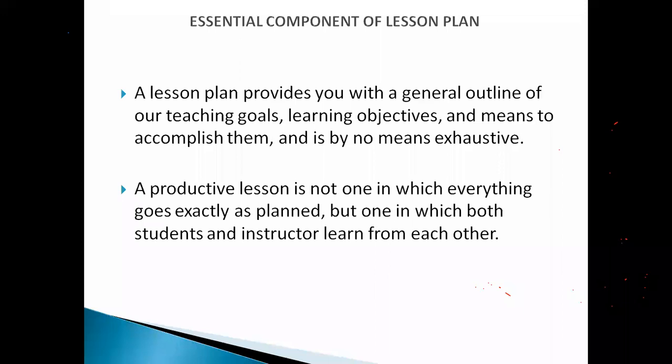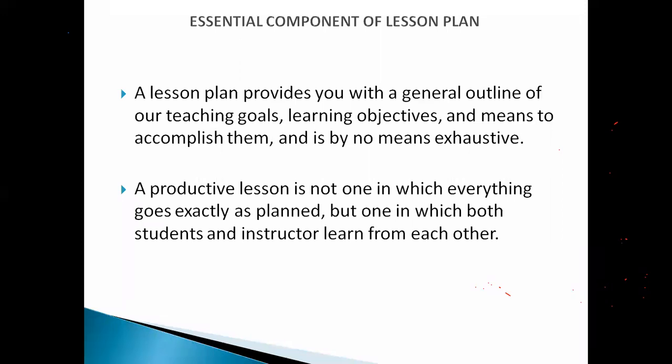Essential components of lesson plan. First, a lesson plan provides you a general outline of our teaching goals, learning objectives, and means to accomplish them, and is by no means exhaustive. Whatever lesson plan we have should not be exhaustive or boring for the students.